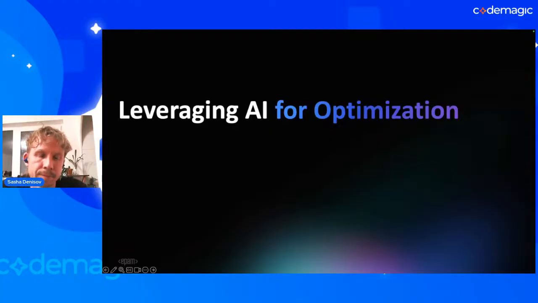And the last but not least, leveraging AI for optimization. I intentionally avoided bringing up AI until this slide because it deserves a chapter of its own. AI is changing everything, and that includes the very idea of what a mobile application is.